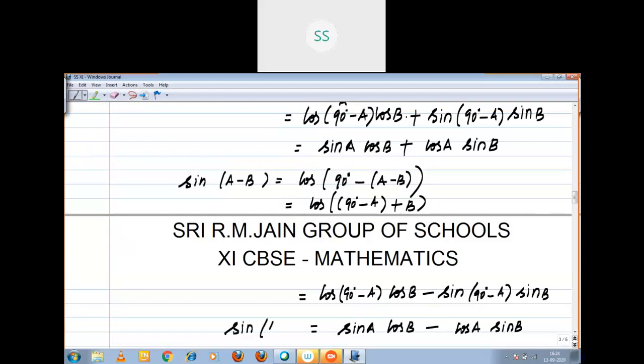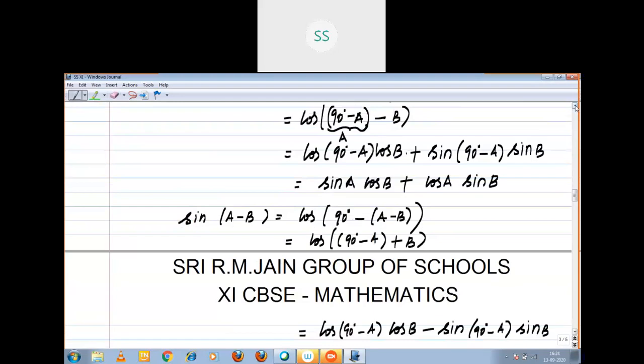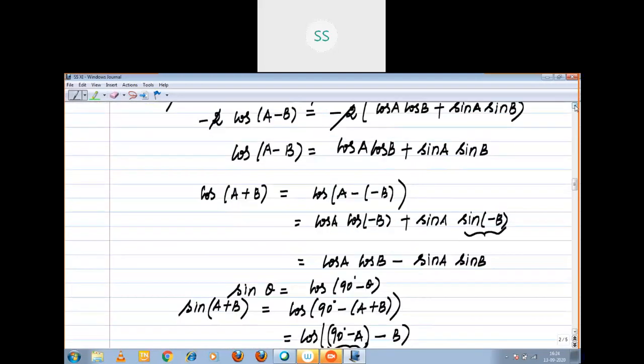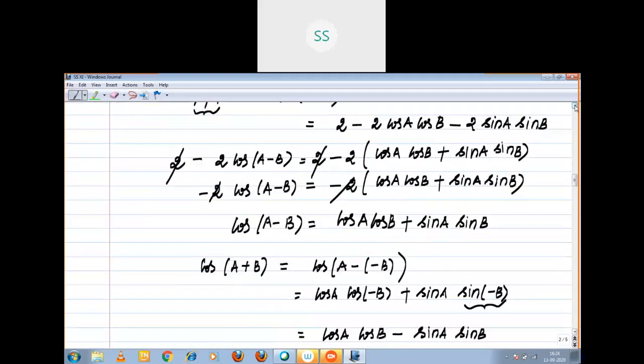Sorry children, sin(90 minus A) into sin B. That means what can I get? Cos A sin B. Got it? Sin(A minus B) equals sin A cos B minus cos A sin B.